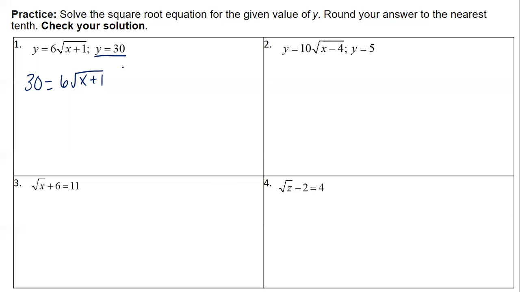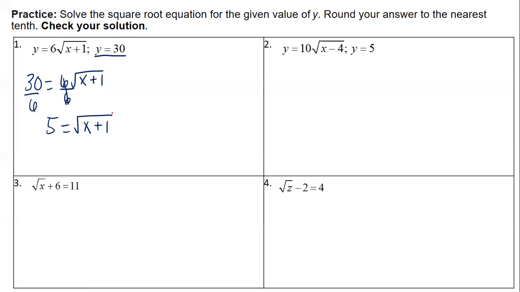All right, let's see how we did. So number one, what was the first thing you should have done? So we substituted in 30 for y, then divide. Hopefully you divided by 6. So that leaves you with 5 equals the square root of x plus 1.